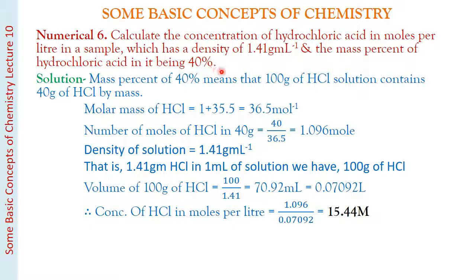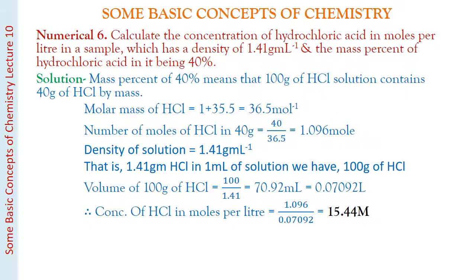It simply means that 100 gram of HCl solution contains 40 gram of HCl by mass. Then you have the molar mass of HCl, that would be 36.5. And number of moles of HCl in 40 grams, you can calculate this to be 1.096 moles.